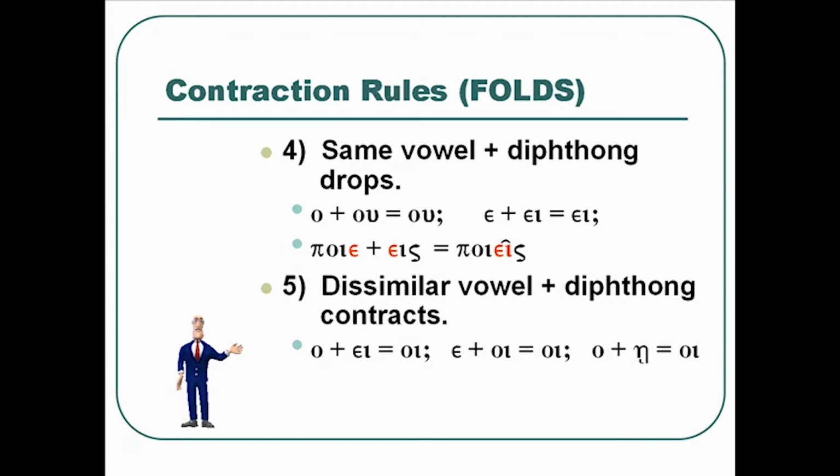And thirdly, omicron plus eta with an iota subscript becomes oi as well, because again, the omicron overcomes and becomes oi. So all three of these favor an oi outcome. Dissimilar vowel with a diphthong contracts, the O overcoming in a lot of these cases.